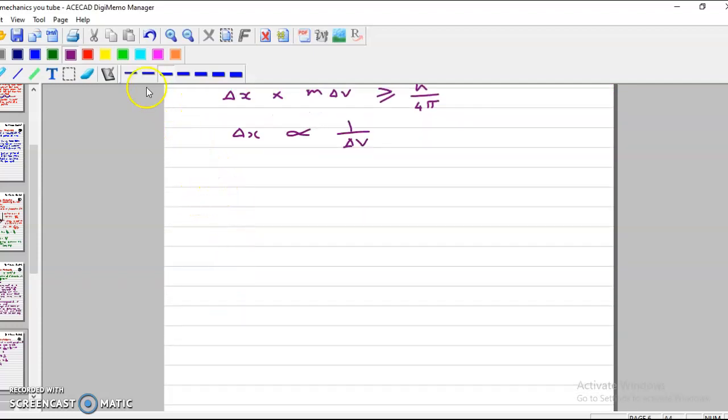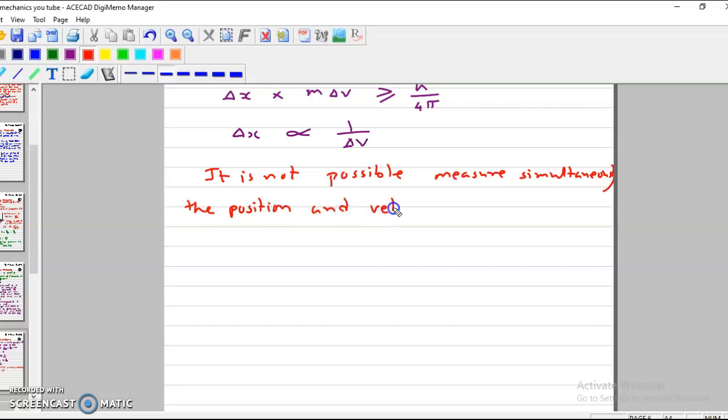So this way, Heisenberg's principle is that it is not possible to measure simultaneously the position and velocity of microparticles like electron, proton, with accuracy.